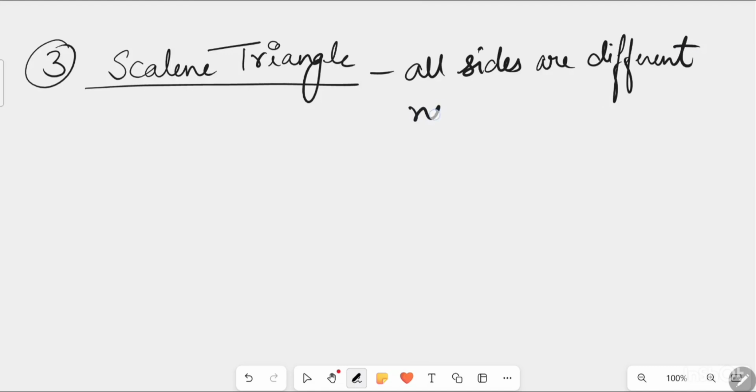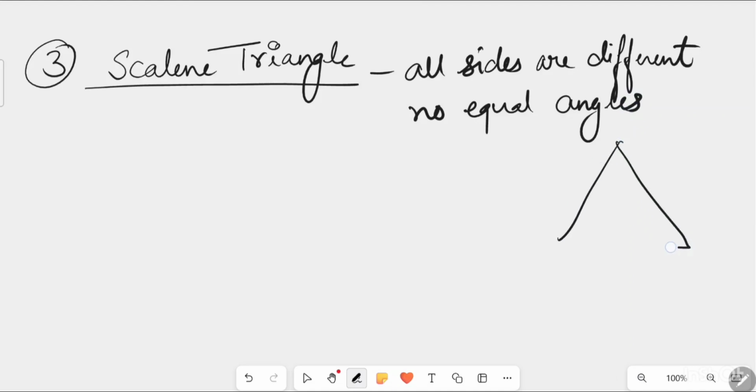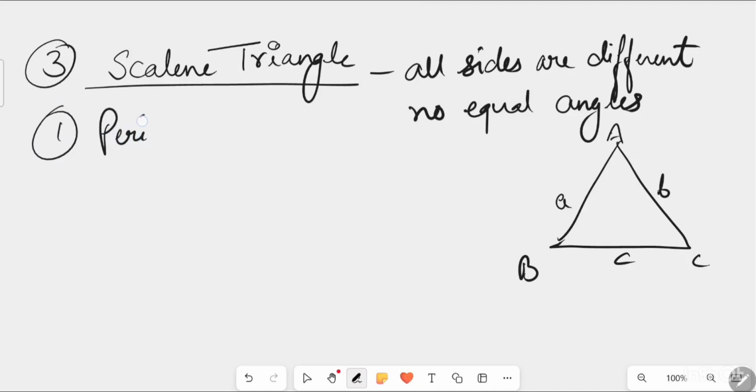No equal angles. So all sides will be different. This will be A, this will be B, this will be C. So first is perimeter. Perimeter will be A plus B plus C.